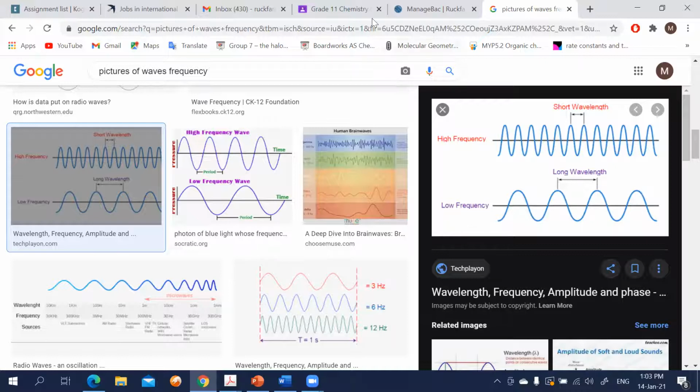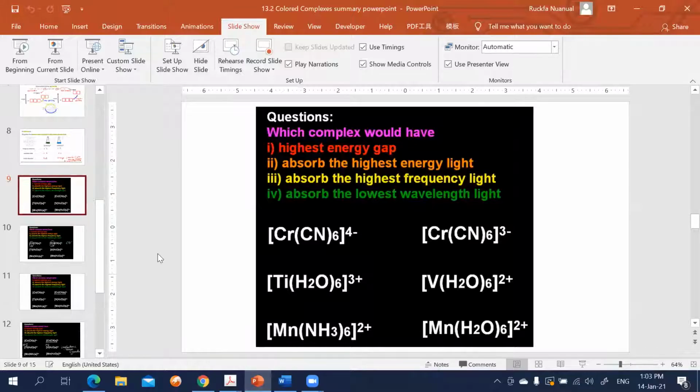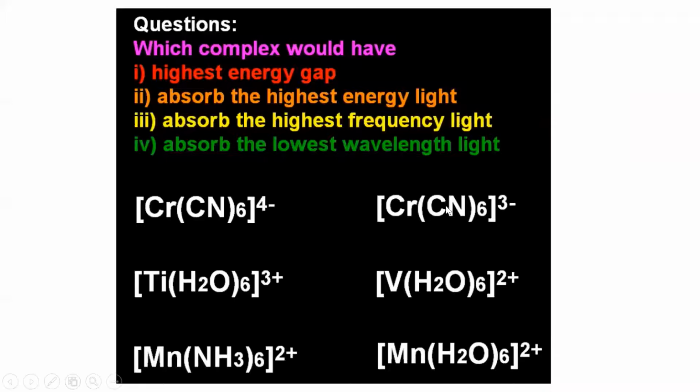So then we know that in this question that I just showed you here, it is really the same thing, okay? It's the same thing. So really we're just asking between each pair of complex ions, who's basically higher energy or will split the d orbitals more or absorb higher energy light or color.